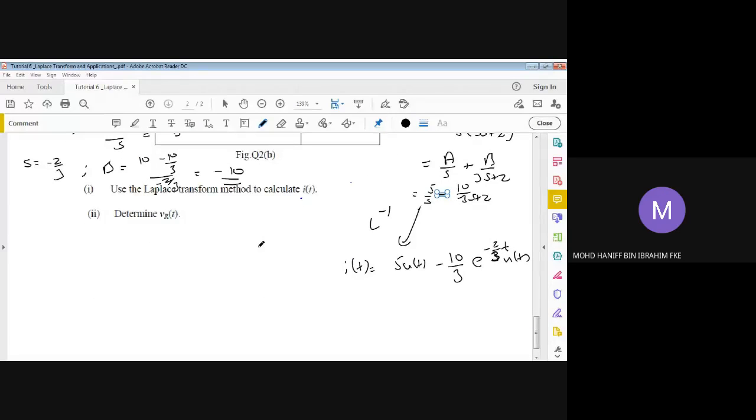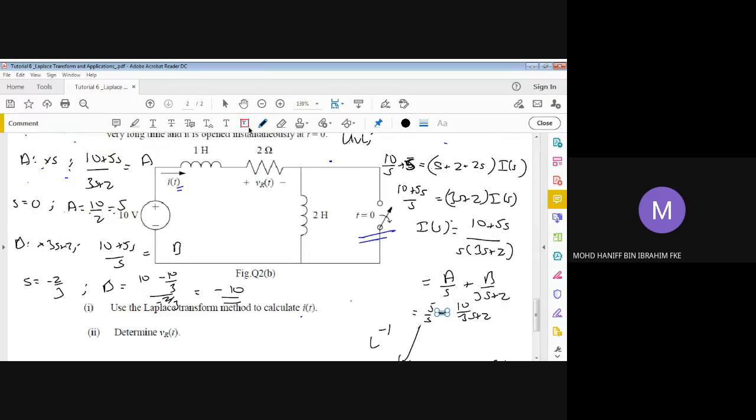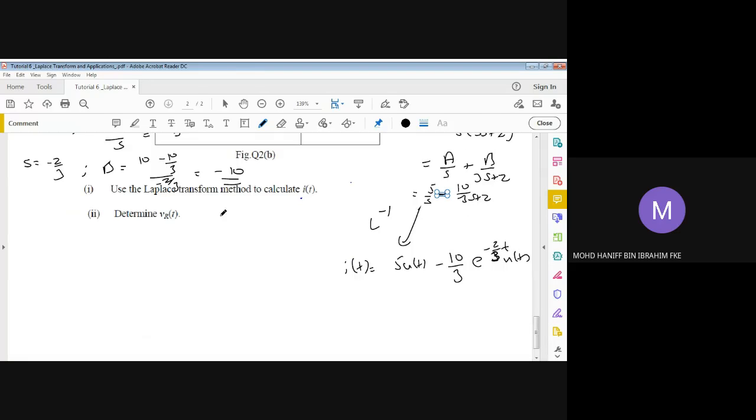Finally is to find the v_R(t). So what's v_R(t)? It is the voltage across the 2 ohm resistor. So simply we just use Ohm's law. So v_R(t) will be equal to 2 multiplied with i_R(t), which is obtained just now.